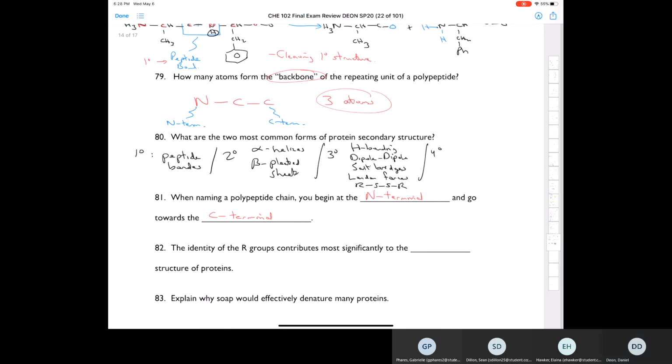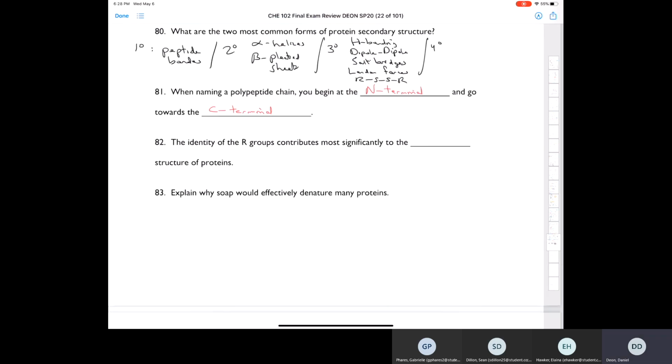Okay. Number 82 says the identity of the R groups contributes most significantly to the what structure of proteins? Well, we said that the primary is based off of peptide bonds, so that has nothing to do with R groups.